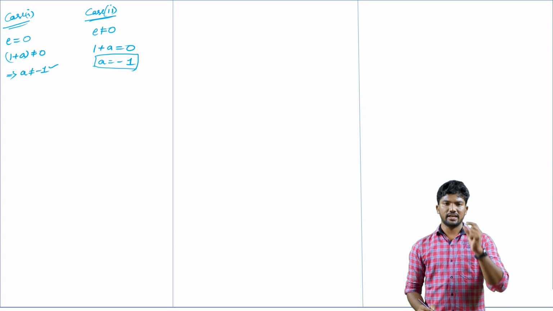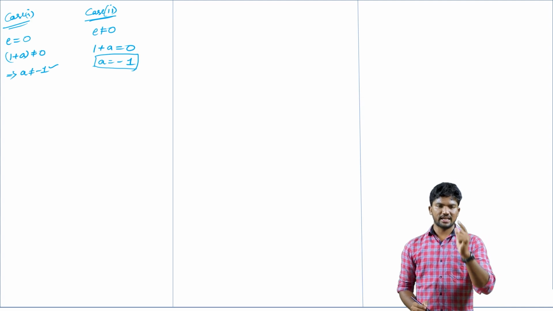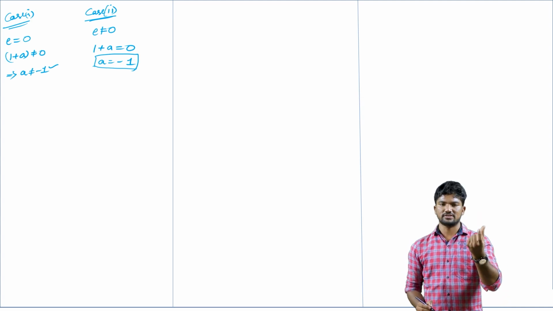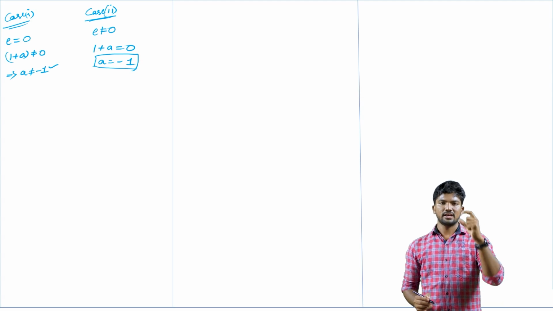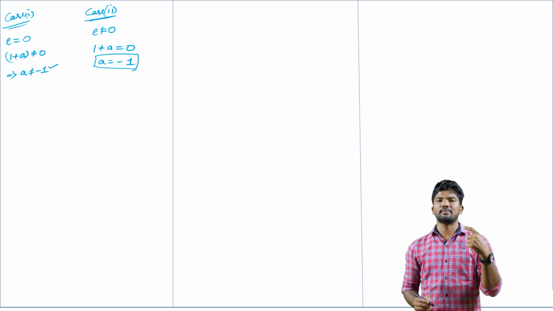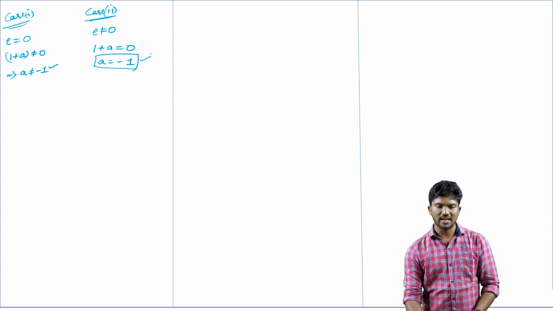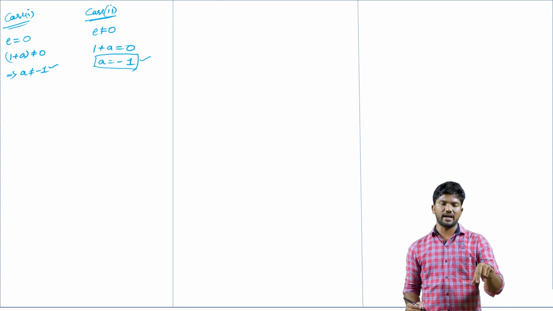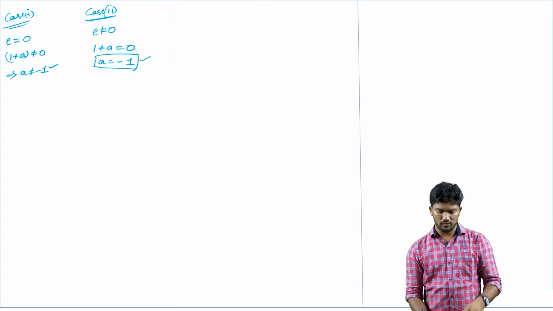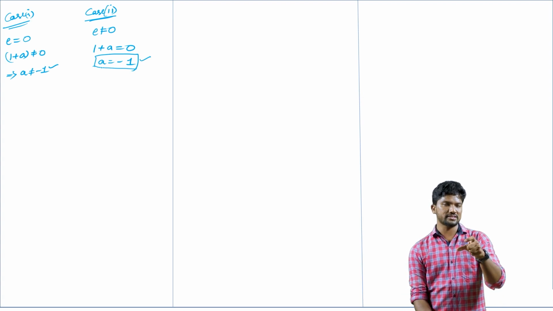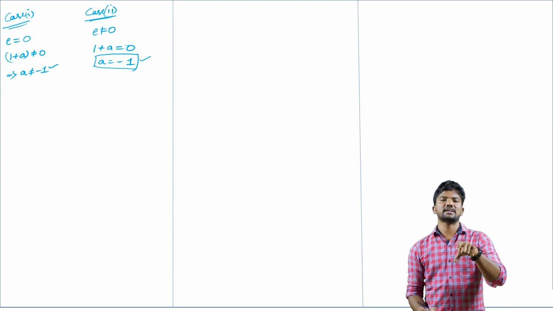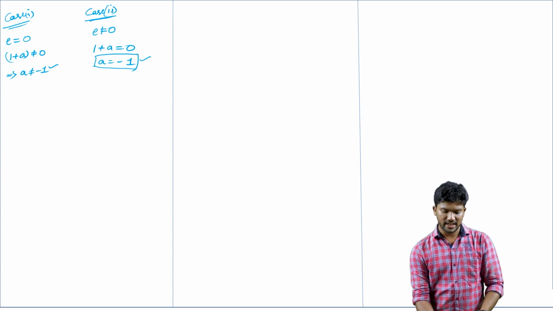Why? Because in the statement of the problem they clearly mention that except minus 1, if you take any element from the set, that value should not equal minus 1. Here A belongs to S, we have clearly taken from the identity property that A belongs to S. If you get A is equal to minus 1, then what is the meaning? It is a contradiction value. So this case 2 is not needed.